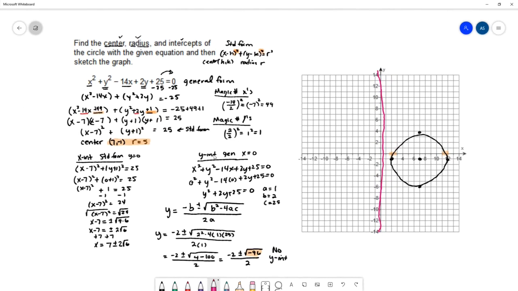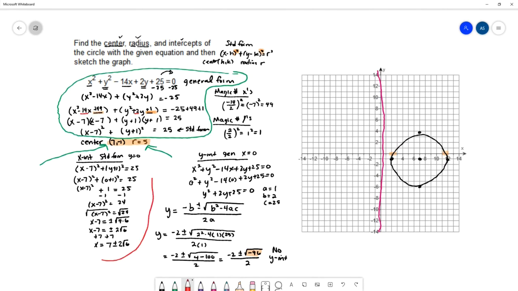Okay, so I thought I'd take a second to review everything. We used completing the square to change the circle from general form to standard form. Once the circle was in standard form, we were able to identify the center and the radius. Then we found the intercepts. Just to show you a variety of approaches, I found the x-intercepts using standard form.